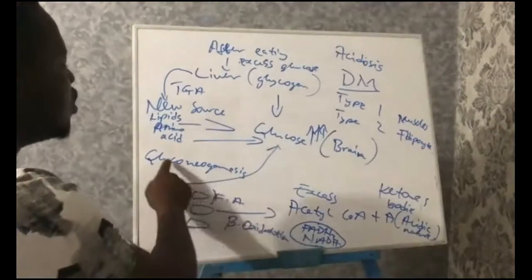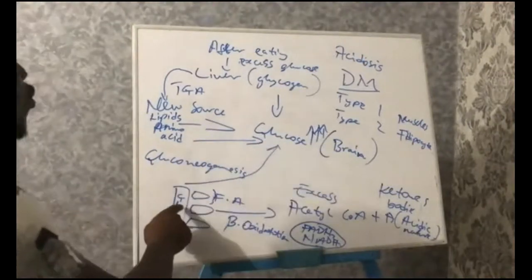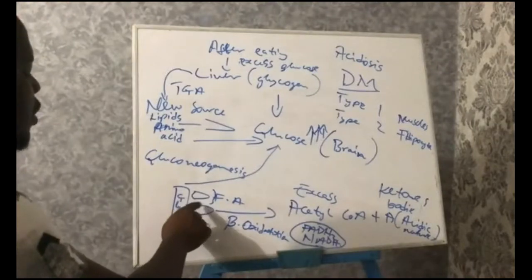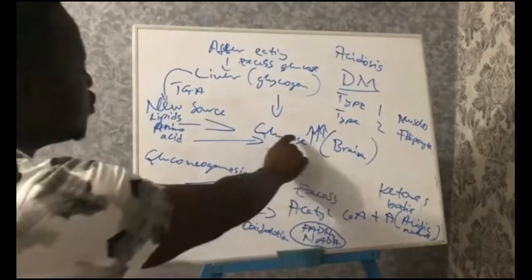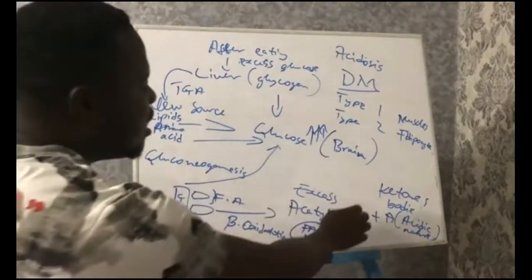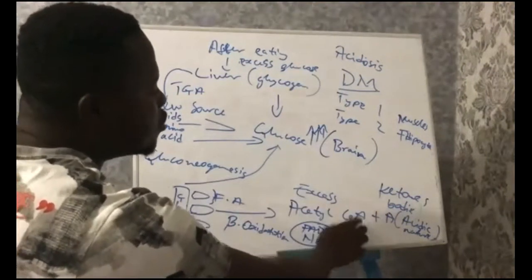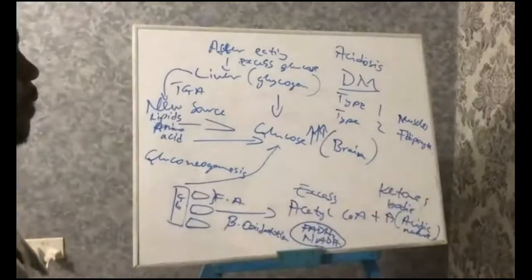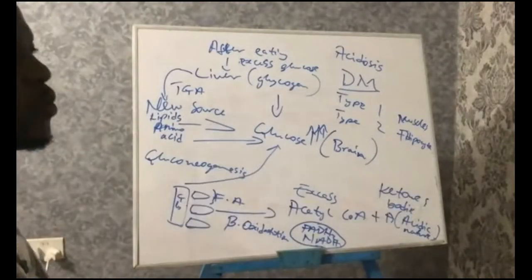So once gluconeogenesis is activated, glycerol will be used to produce new glucose. Fatty acid will go through beta oxidation. More acetyl-CoA will be produced. More ketone bodies will be produced. That is the problem with people with diabetes.